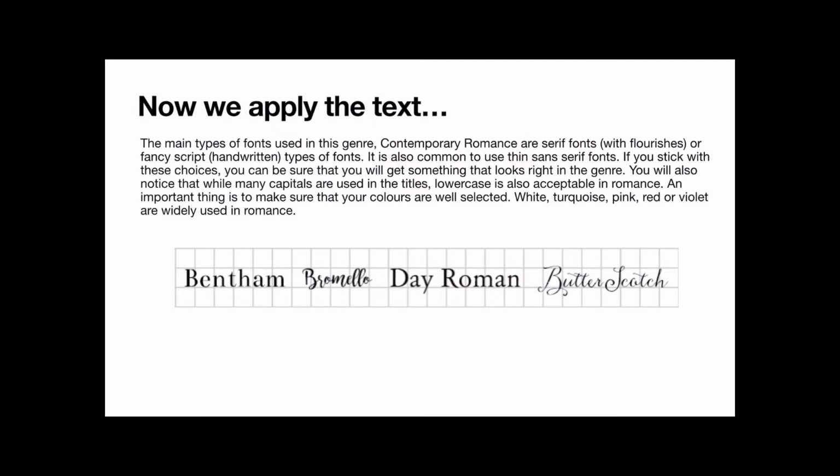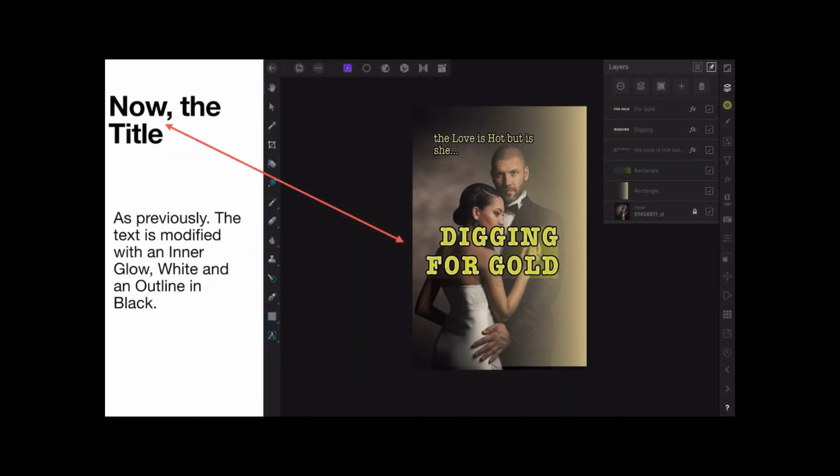That's the theme. So I've set gold as the colour of the text. Now there we have the love is hot, but is she digging for gold? And you'll see I've got a serif font at the top again now. Inner glow white and an outline in black. And you can see the layers panel there.